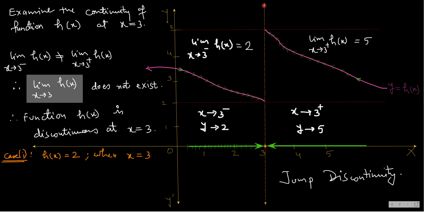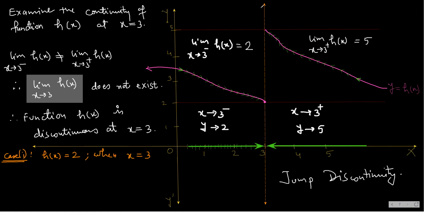So when you say the function value is equal to 2, what does that mean? It simply means that you have a point here at 2 also. When x is 3, you have the function value as 2.